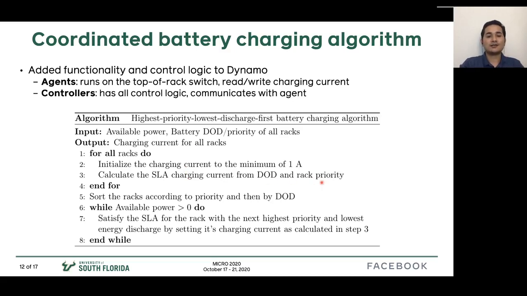After that, as long as there is available power, we try to satisfy the SLA of the racks in the highest priority lowest discharge first order. The highest priority first order ensures that a rack with high priority SLA is met before that of lower priority, while the lowest discharge first order ensures that within the same priority group the number of racks whose SLA are met is maximized.